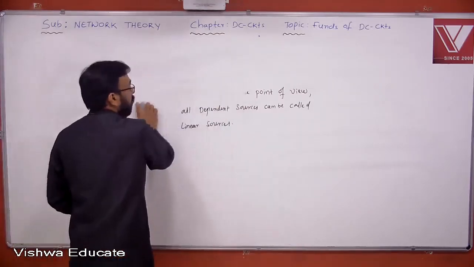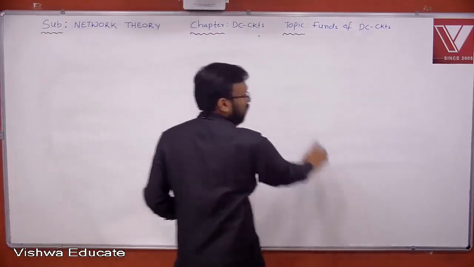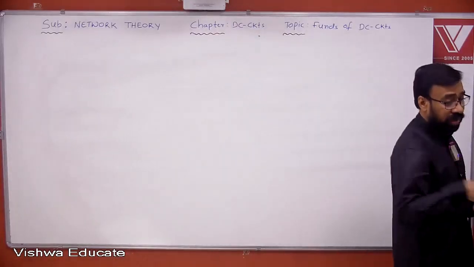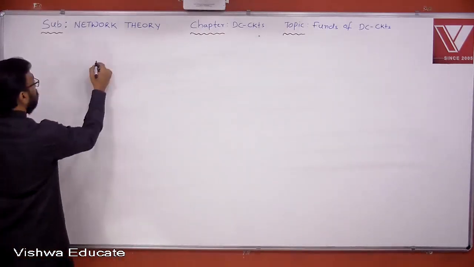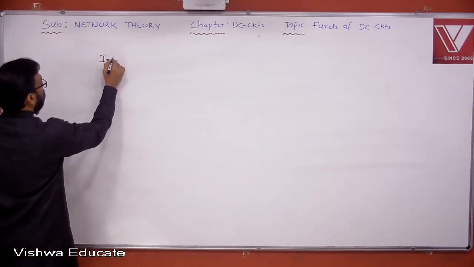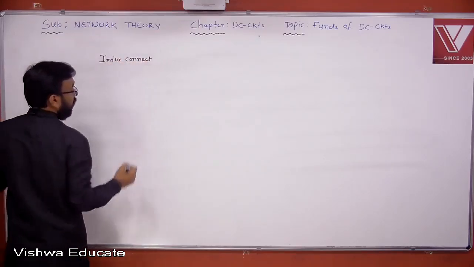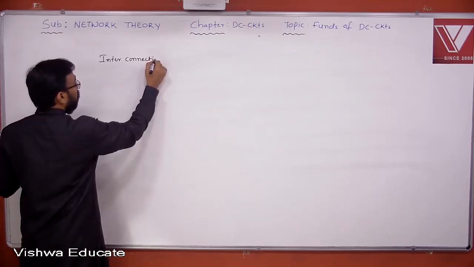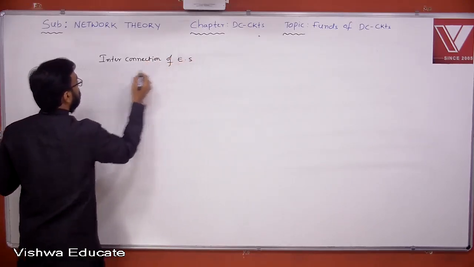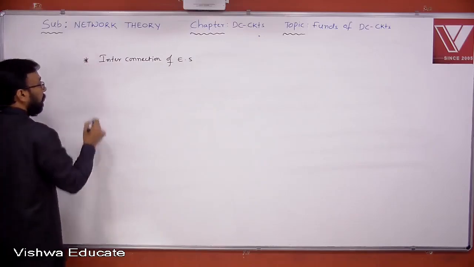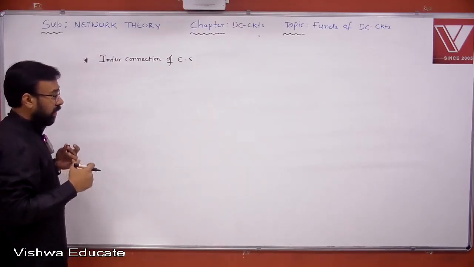That means when you connect energy sources in series or parallel, we'll see how we are going to reduce the network. How can you connect them? You can connect them in series or parallel. This is another important concept: classification of energy sources, interconnection of energy sources.